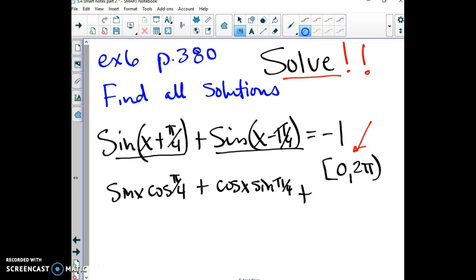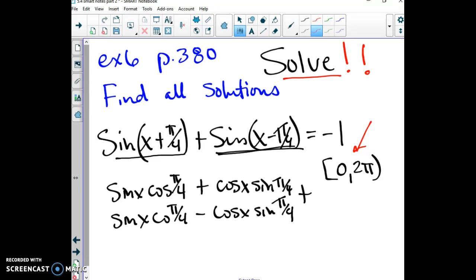We'll put it right underneath, which is sine x cosine pi fourths, and minus, because we have a difference formula here, cosine x sine pi fourths. And that's all supposed to equal -1.